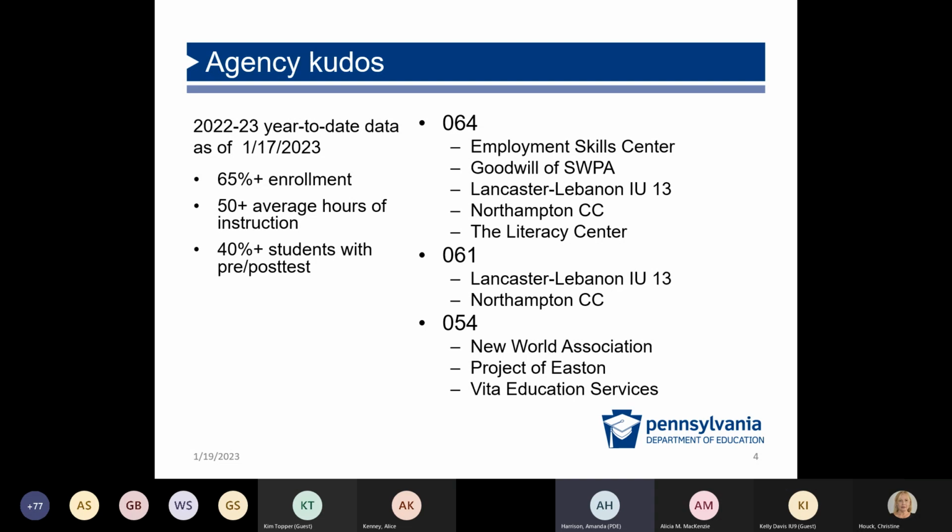We thought this showed some really great progress this year, where we're really hoping to see recovery in enrollment numbers, in measurable skill gains, and in student persistence. So congratulations to all of those, and congratulations to others of you who are showing increased enrollment, retention, post-testing, and outcomes as well.